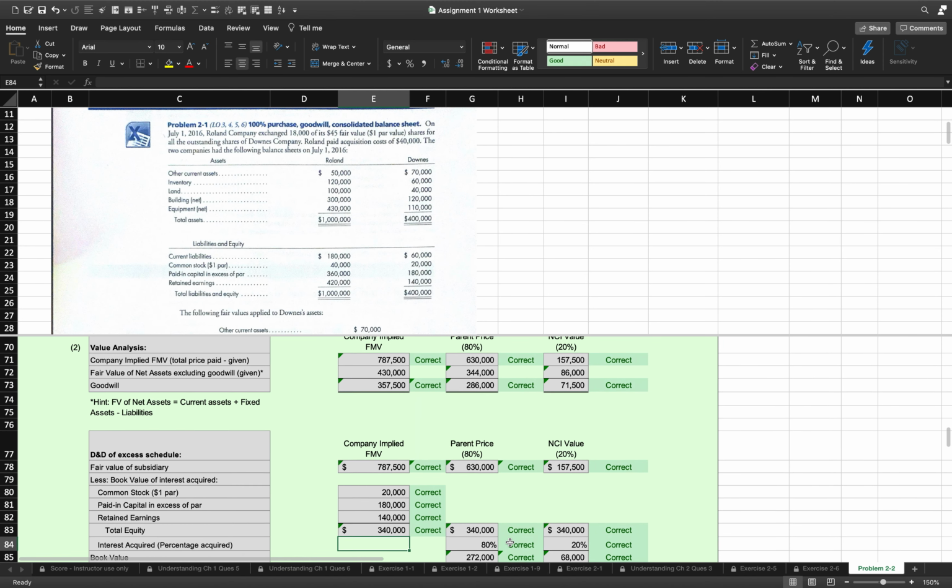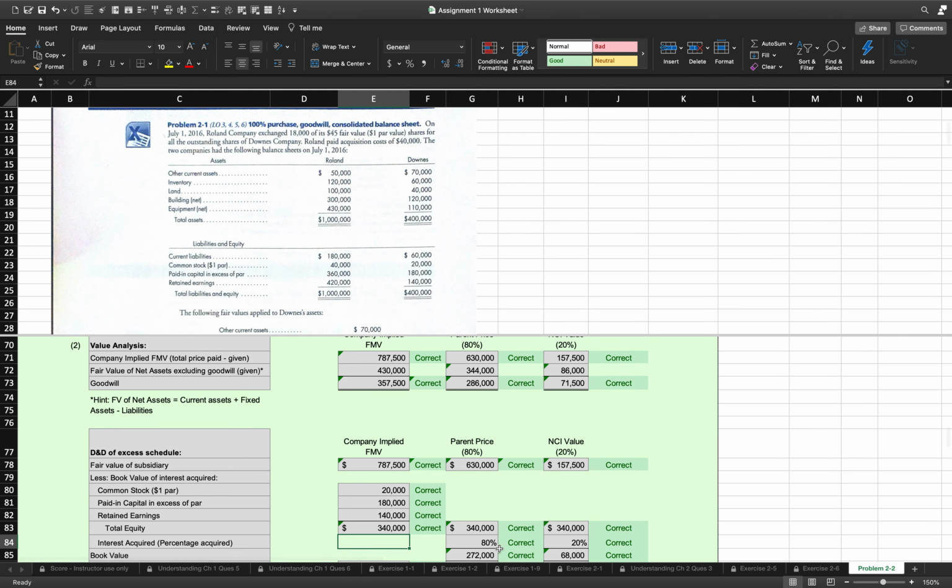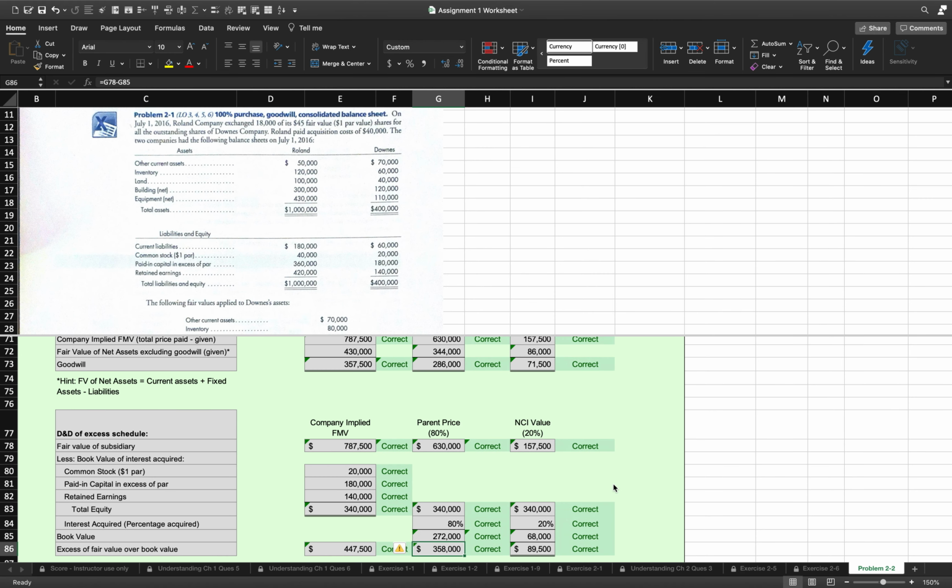In other words, Roland acquired, when they paid 630,000, 80% of the subsidiary's equity, which was 340,000. 80% of that was, excuse me, 272,000.